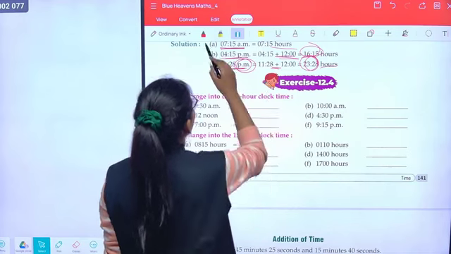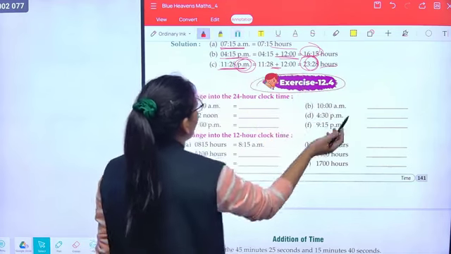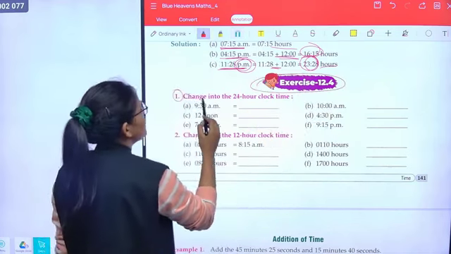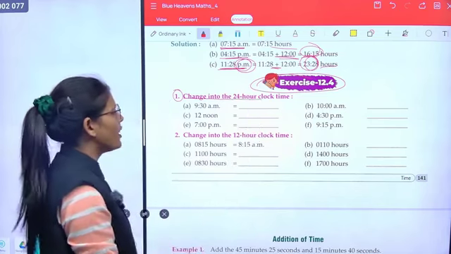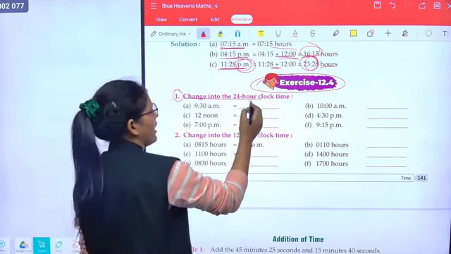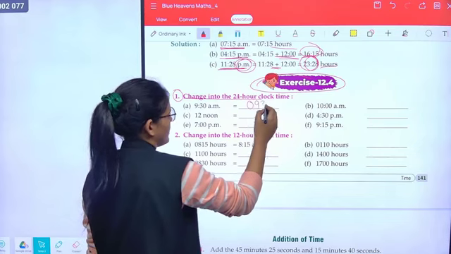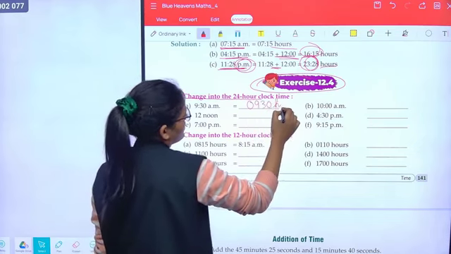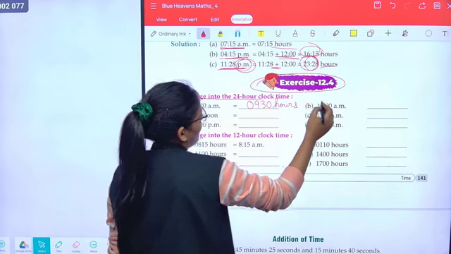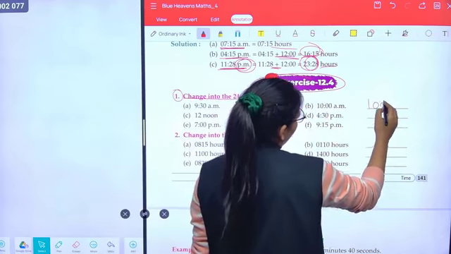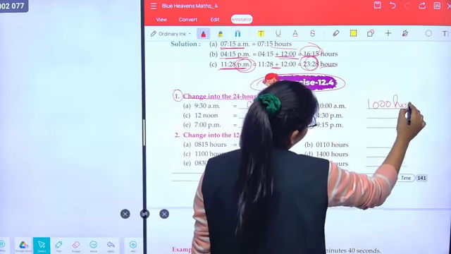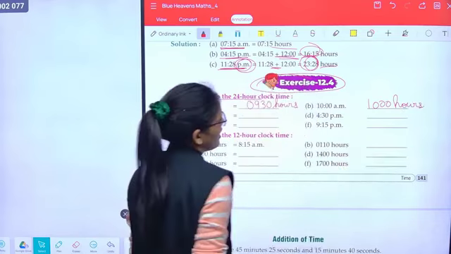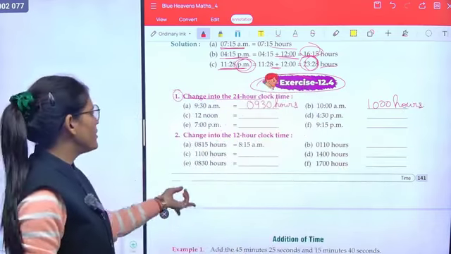Yes class. Come on the exercise 12.4. Now question number 1, change into the 24-hour clock time. So it is 9:30 hours and it is 1000 hours. Understand class? Rest of the parts do yourself now.